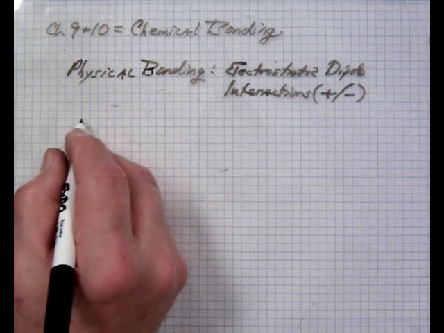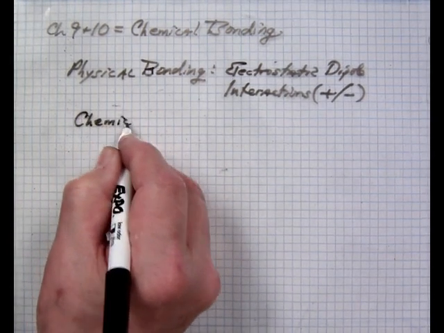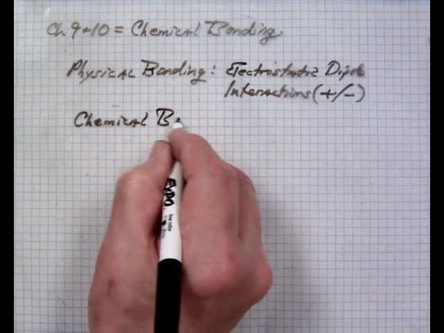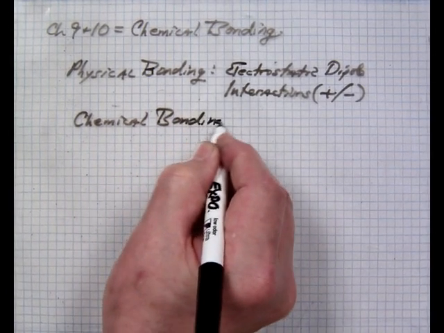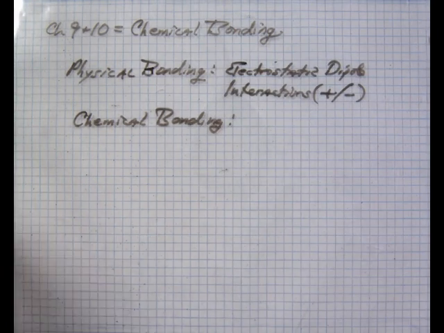Then there is, of course, chemical bonding, which is the primary focal point of our work as we get past this. It is the joining of elements by either ionic bonding or through a process known as molecular covalent bonding.